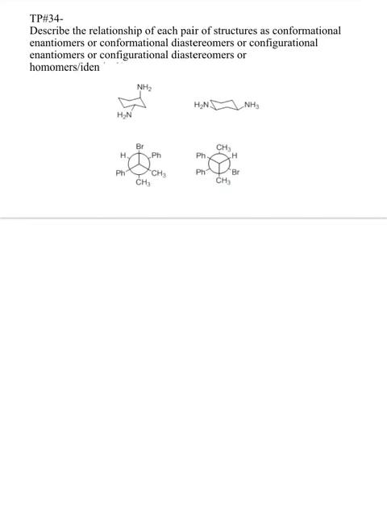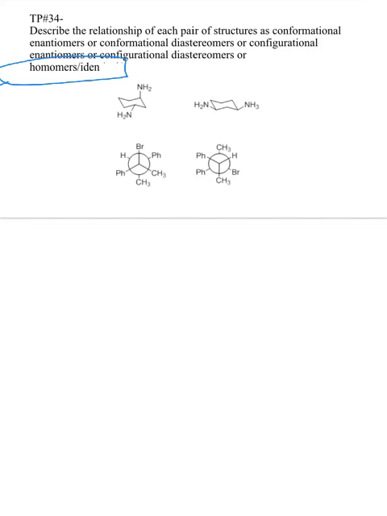Okay, number 34. Describe the relationship of each pair of structures as conformational enantiomers, conformational diastereomers, configurational enantiomers, configurational diastereomers, or homomers. Are they the same? Are they identical?